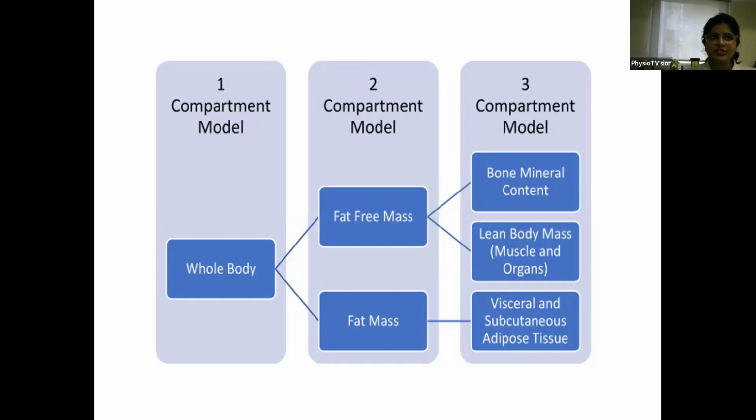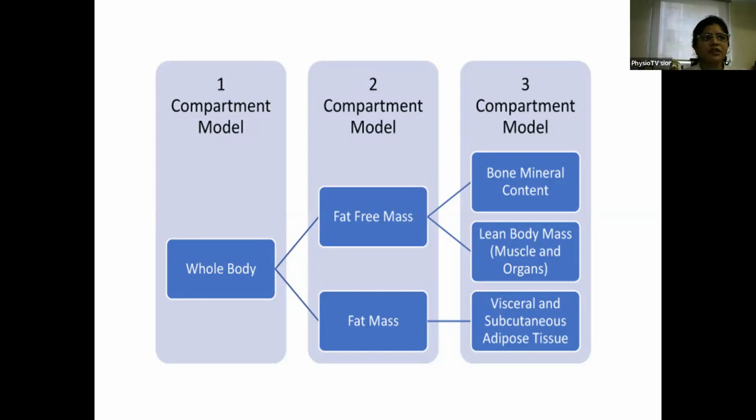Modern technology like the DEXA scan has allowed us to differentiate body mineral content from soft tissue composition. This allows for simultaneous determination of fat mass, fat free mass, and bone mineral content.